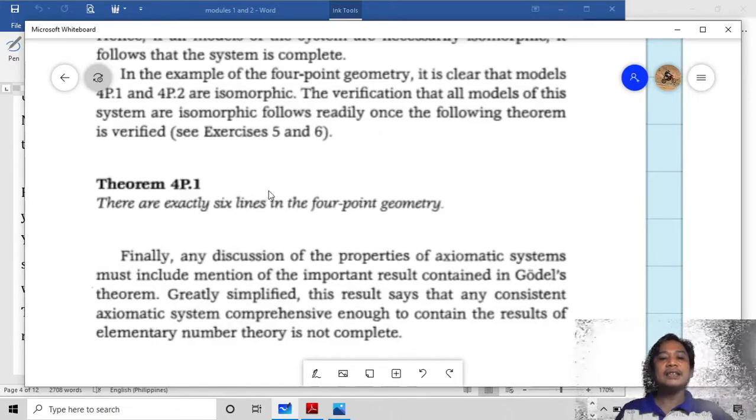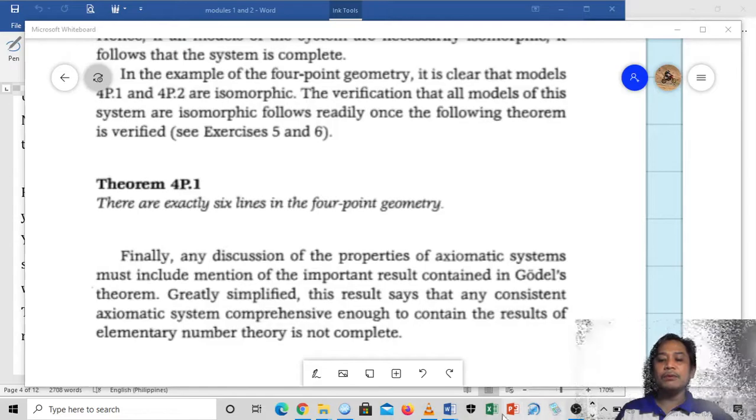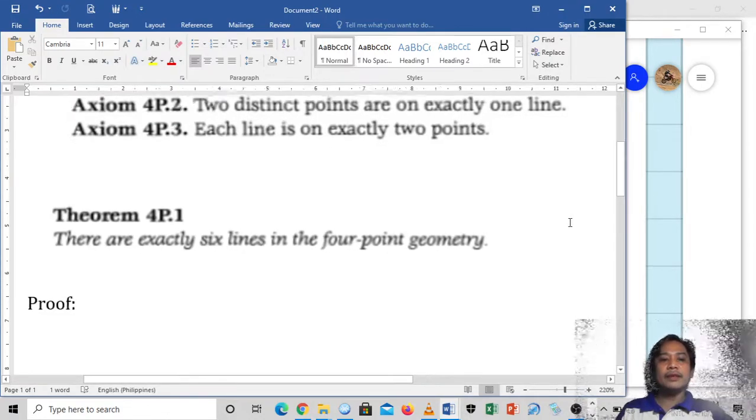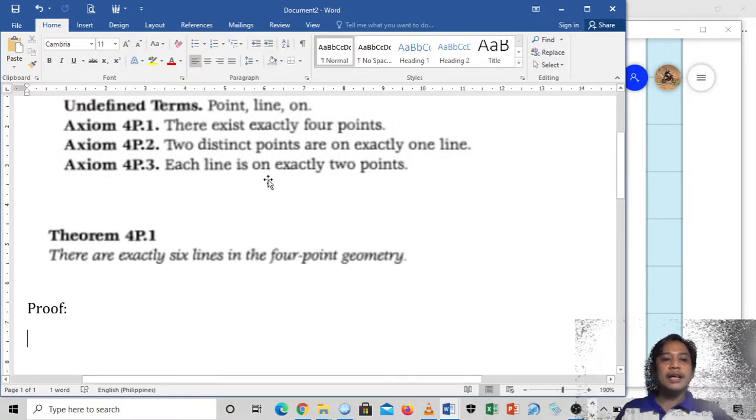This is not given as an axiom but just a theorem because this can be proven using the axioms. Okay, let us try to construct the proof of such theorem. I have rewritten the axioms of the 4-point geometry and the theorem that we are to prove. The statement asserts that there are exactly 6 lines in the 4-point geometry.